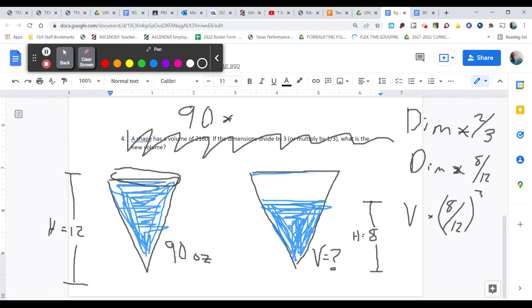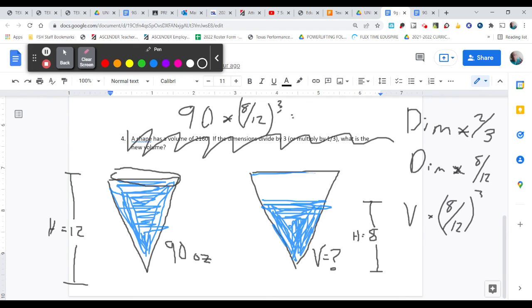We drink 1/3 out of the glass, so there's 2/3 left. So we're going to go 90 times 8/12, or 2/3 if you want, to the third power. I'm just going to leave it unreduced. So 90 times 2/3 times 2/3 times 2/3.